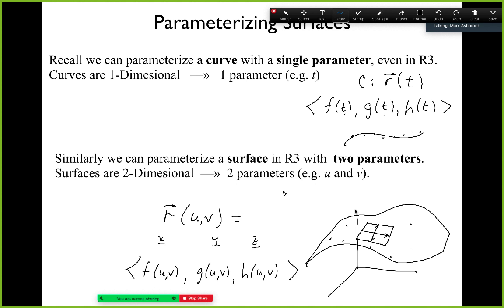And that's by vectors in standard position. Put these vectors in standard position, and then all of them will point at the points on the surface. The components of these vectors that come out of this function are the same as points on the surface, just like a parameterized curve. So let's look at how this works.